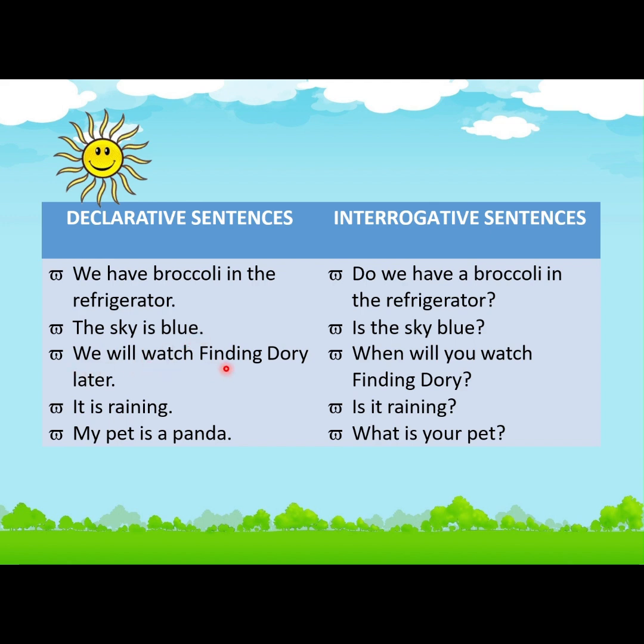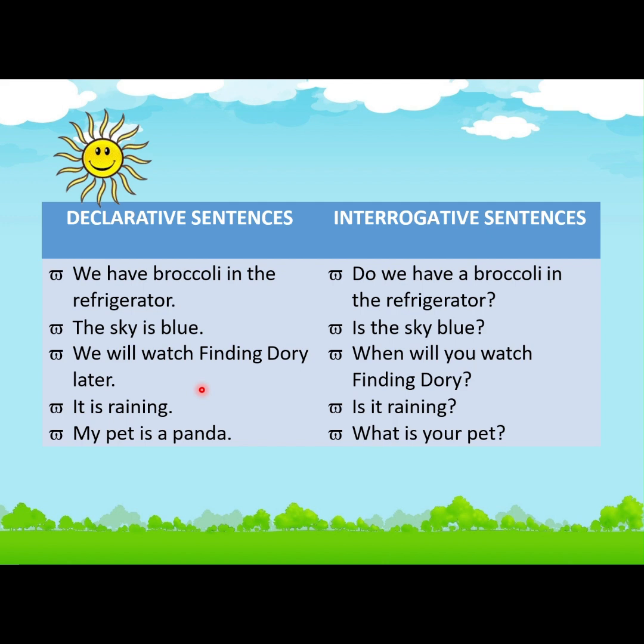We will watch Finding Dory later, a normal statement. It is raining. My pet is a panda. So all these sentences talk about a normal statement, stating a fact or giving some information. So we can always call such sentences as declarative sentences.